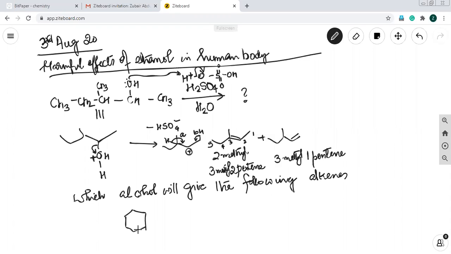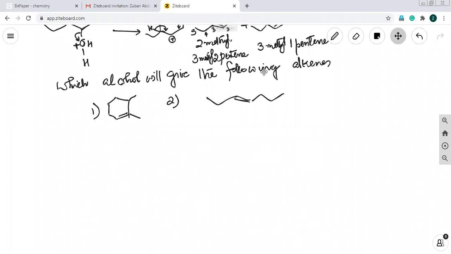You have to find out the starting material for the preparation of these alkenes. Now try it out. All of you write and find out the corresponding alcohol starting material.